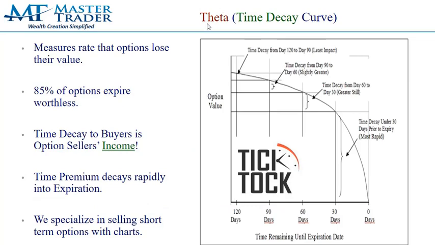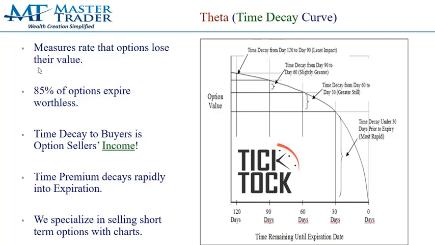Theta, you don't need to remember the name, but I'm going to go through it because this time decay, and theta, is the predominant reason why these credit spreads are providing us with the monthly income. Theta, by definition, is measuring the rate that those options are losing their value. Time costs money.